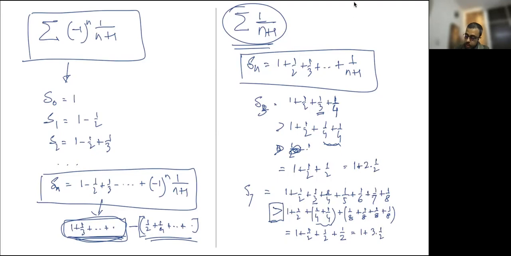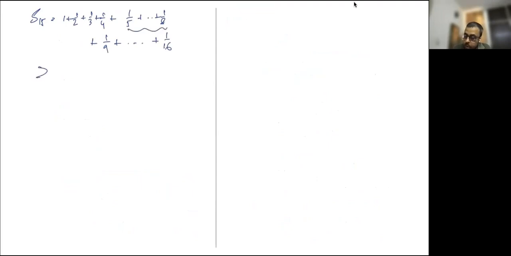Next you look at S15, and you use similar reasoning. What you do is each term here you replace by 1/8, the last one.